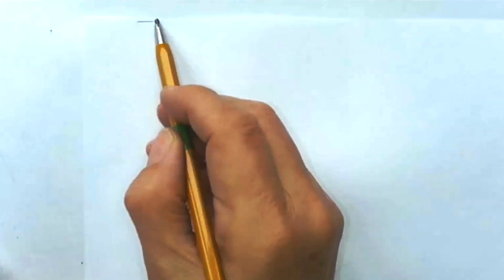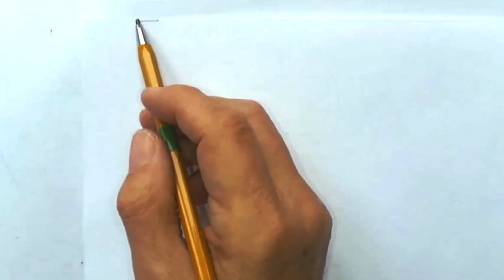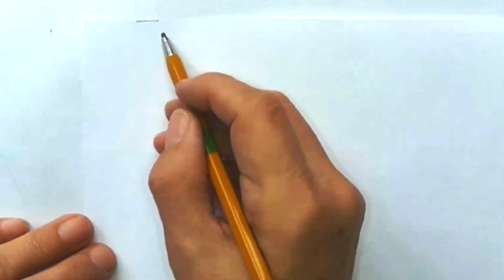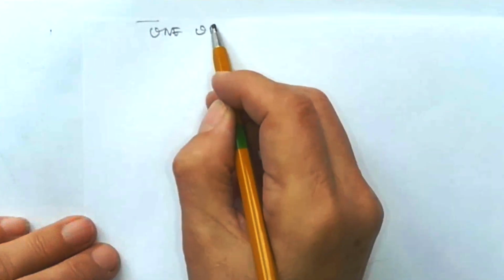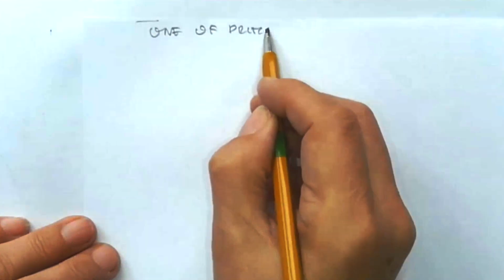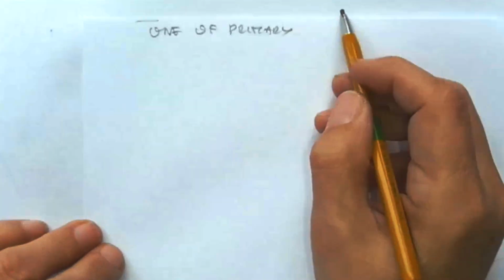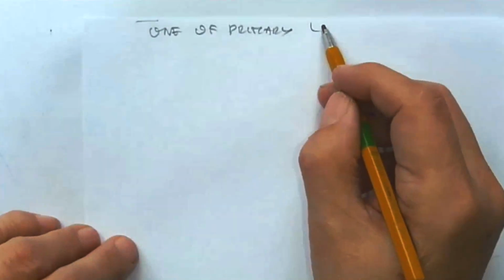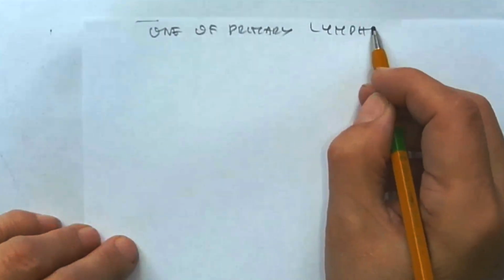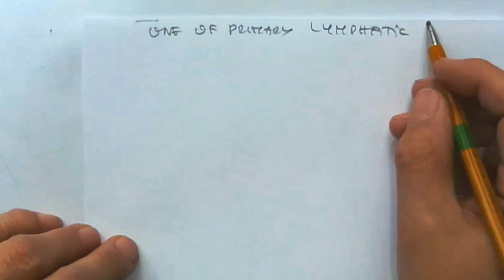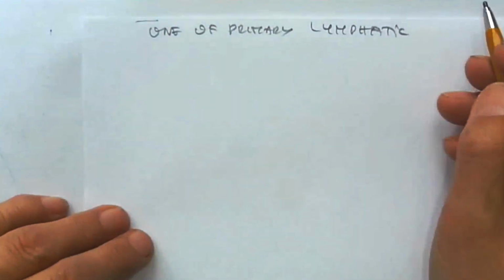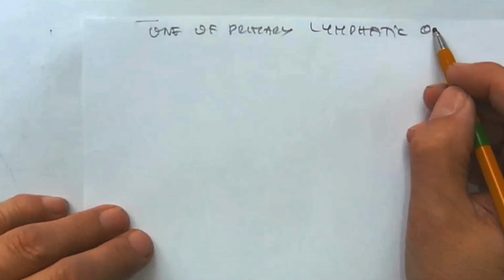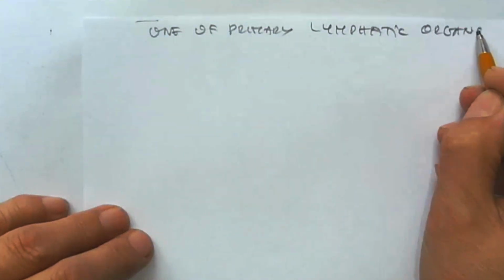Okay, we are here. This is one of primary lymphatic organs. Lymphatic organs, one of primary lymphatic organs. This is one thing.